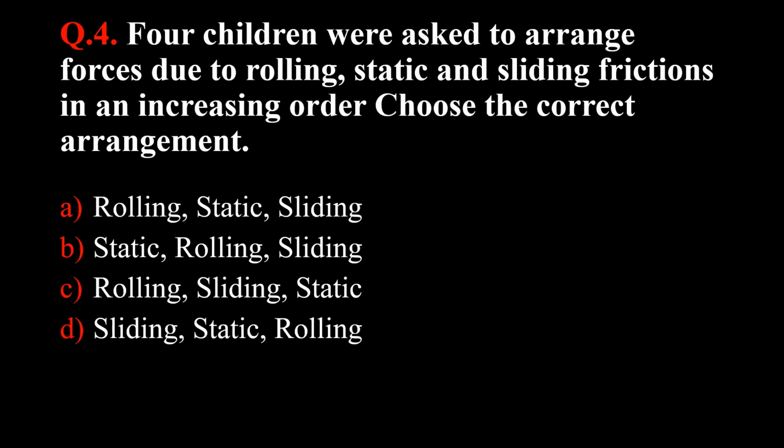Choose the correct arrangement. Option A, rolling, static, sliding; option B, static, rolling, sliding; option C, rolling, sliding, static; option D, sliding, static and rolling. And the correct answer is option C, rolling, sliding and static.